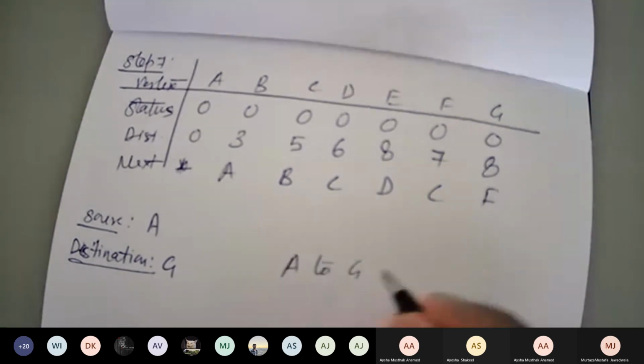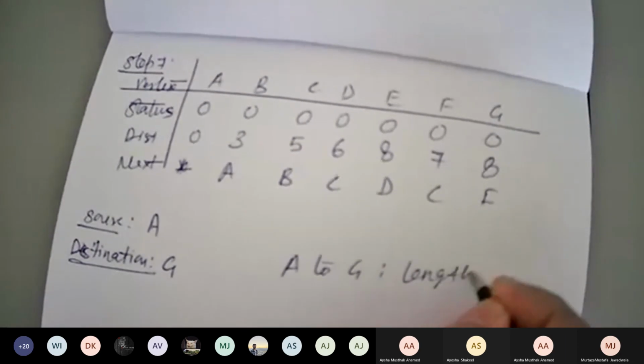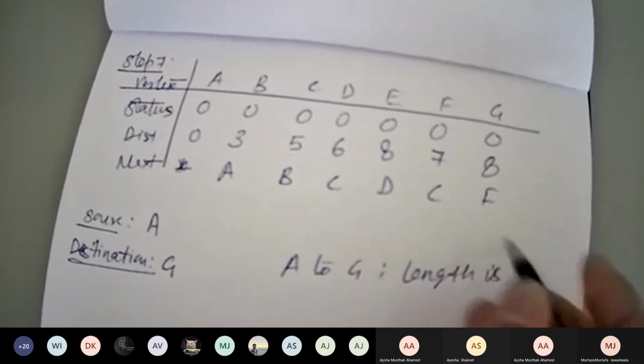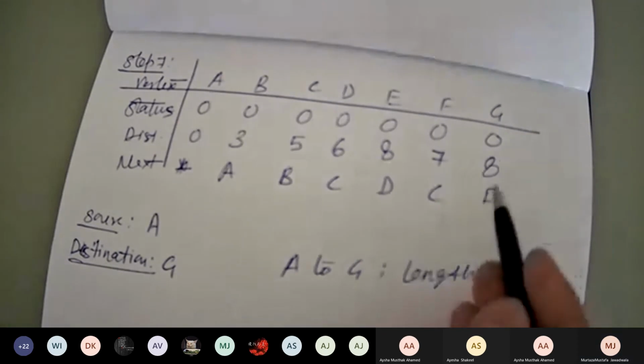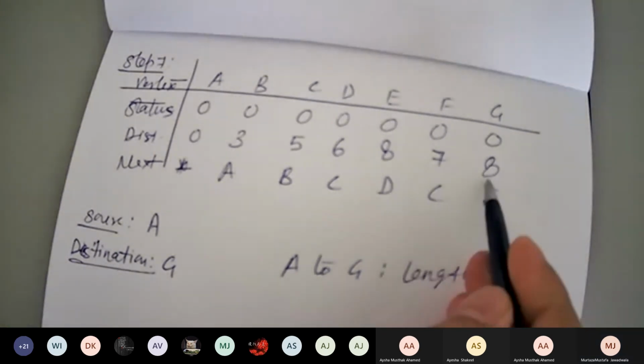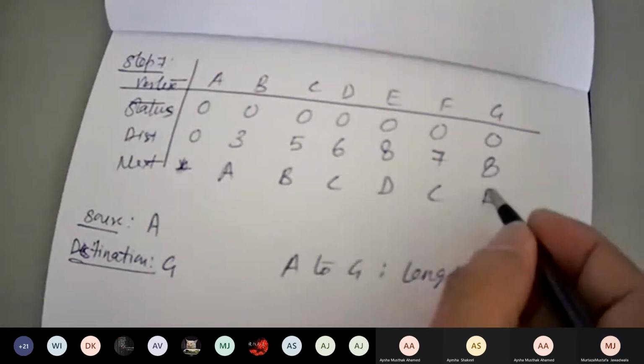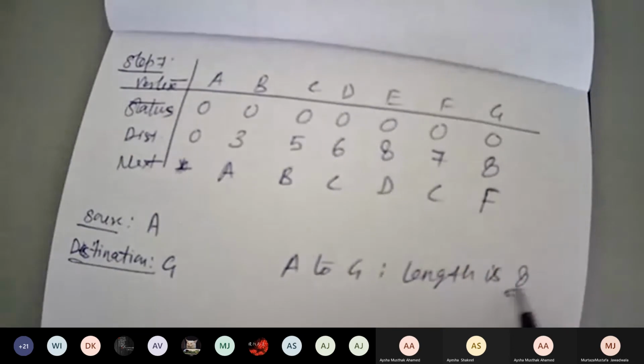A to G, the length is 8 or not? Yes, because this is the one you found from A to G, finally 8. Now, for this length 8, what is the path?